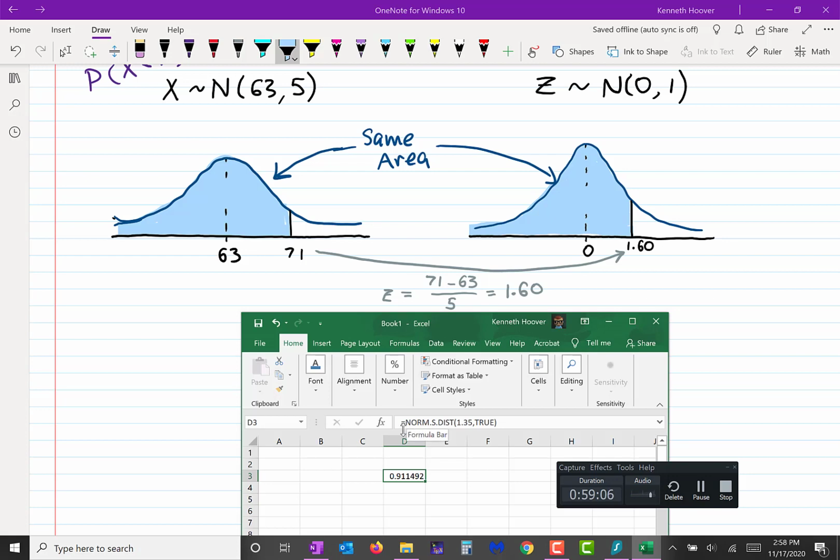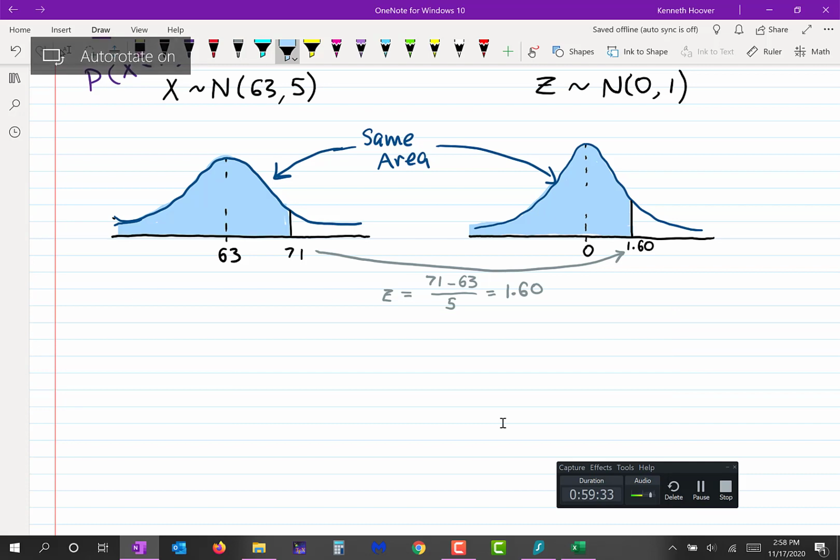That's important. We type equals norm.s.dist, and then in parentheses I put 1.6, then comma, true, and then we hit enter, and it immediately gives us the entire area, 0.945201.